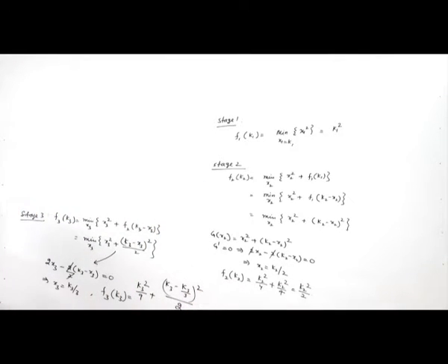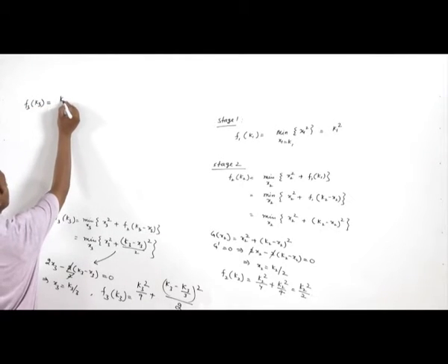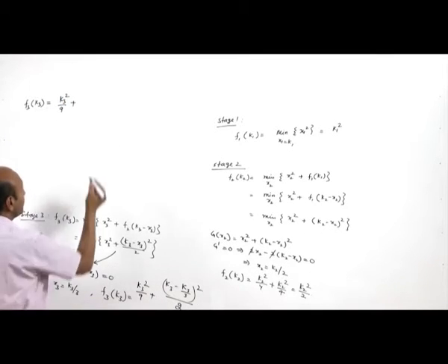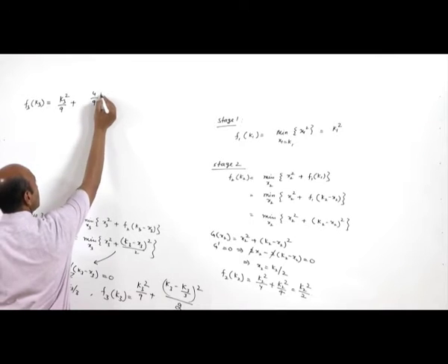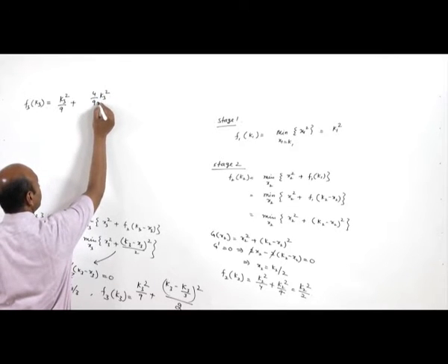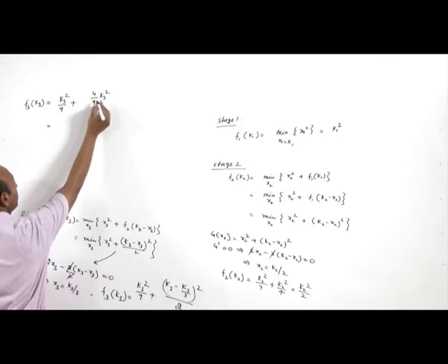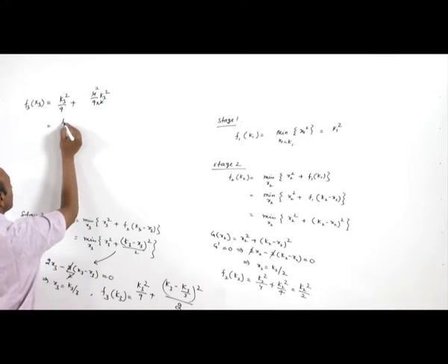So, that we can easily solve. f3(k3) will be equal to k3 square by 9 plus 4 by 9 k3 square by 2, that is k3 square by 3.